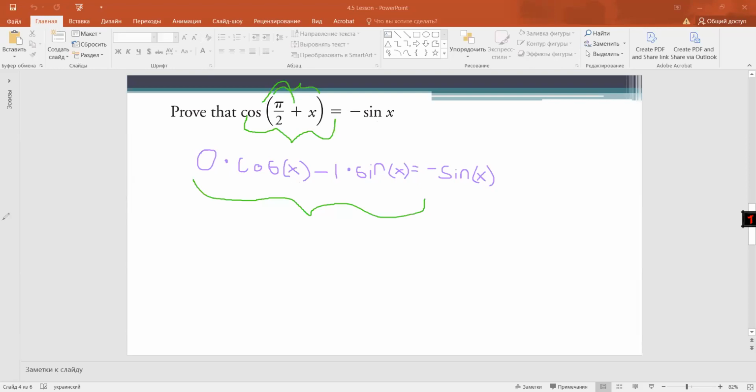You cannot just open brackets here. As I understand, you multiply cosine by pi over 2 and plus x by cosine x. So basically you try to open the brackets. Is that correct?